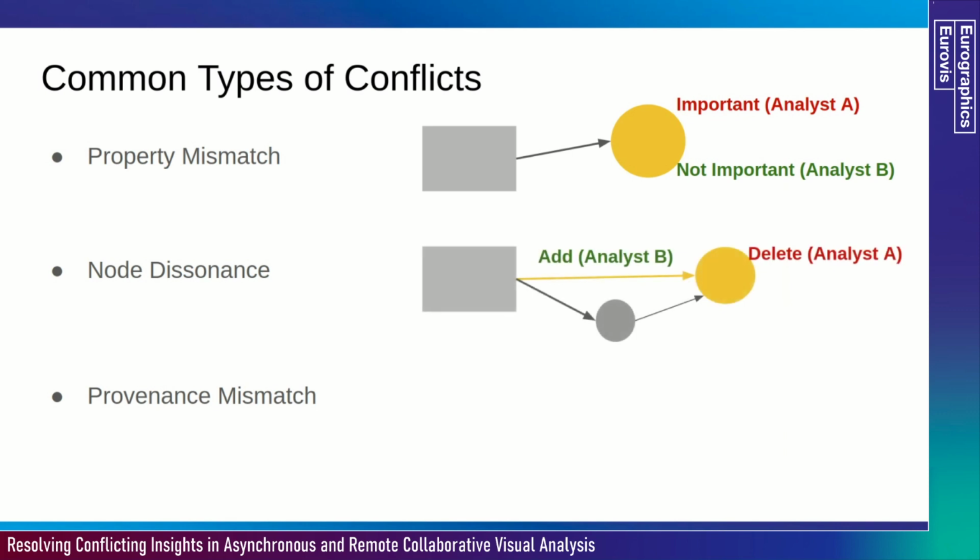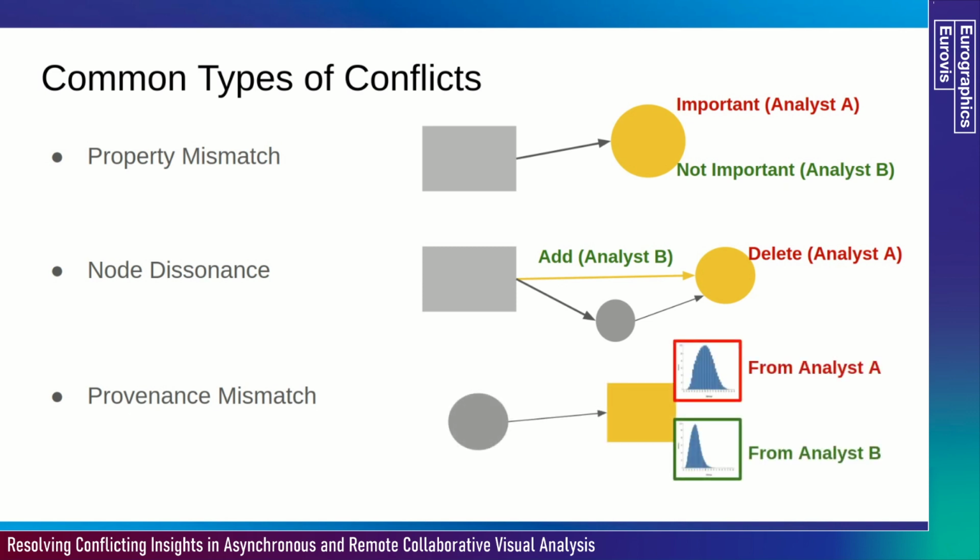The second type of conflicts is node dissonance, which occurs when a user edits or adds links to a node that has already been deleted by another user. The third type is provenance mismatch, which occurs when different users attach different visualizations or annotations to the same node or link.